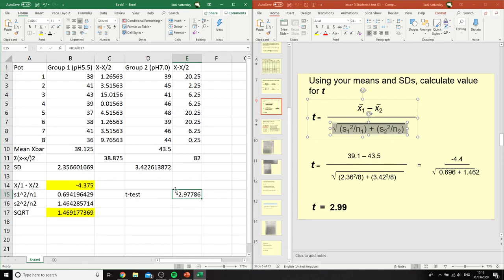Of course, this says it's negative, but because it's a t-test, you don't necessarily need to worry about it being negative. Okay, so it's 2.99, just a normal number, not the minus number.